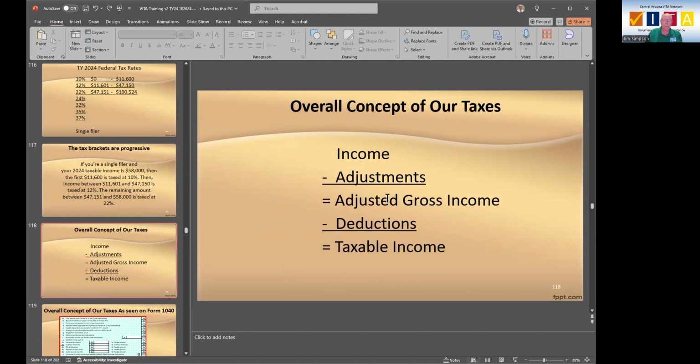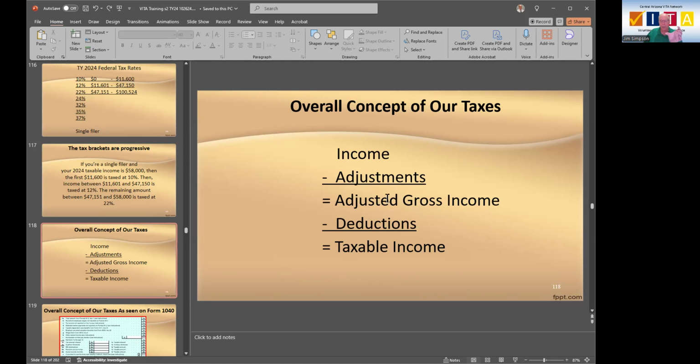Then you get to subtract what we call adjustments, and we're going to go through what those adjustments are. Adjustments lower your income to where you get to that term called adjusted gross income, or we call it AGI. And we're going to find that that's an important number because a lot of other deductions or credits or other things look to that number of adjusted gross income.